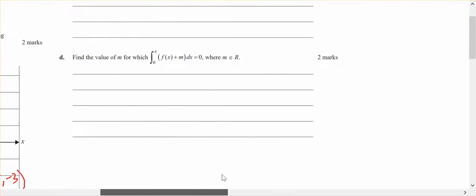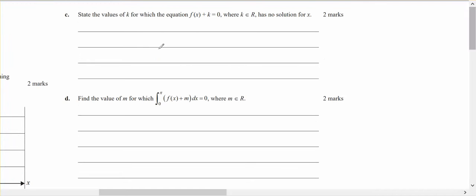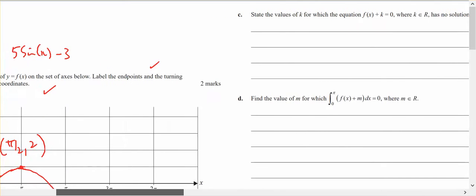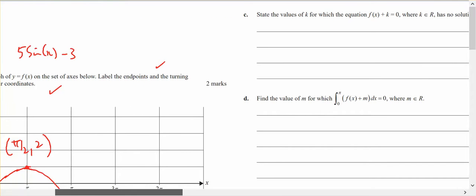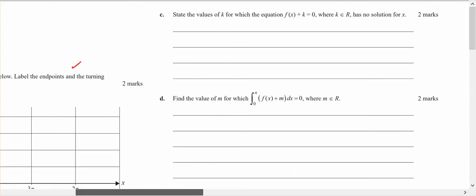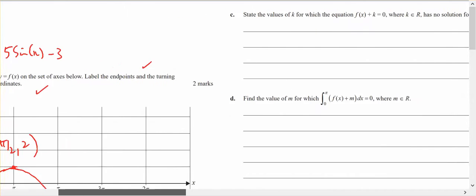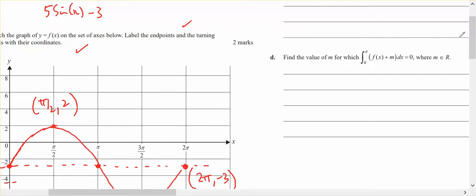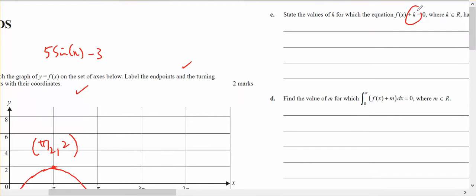There's my graph. Now what do I have? State the value of k for which the equation of that graph plus k equals 0 has no solution. So at the moment, if k equals 0, this k is going to give me up and down movements.